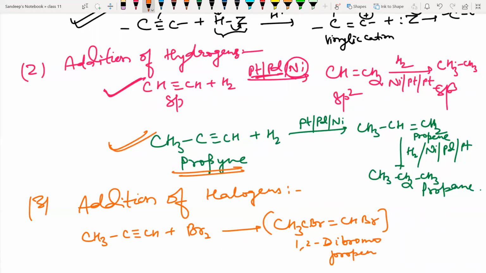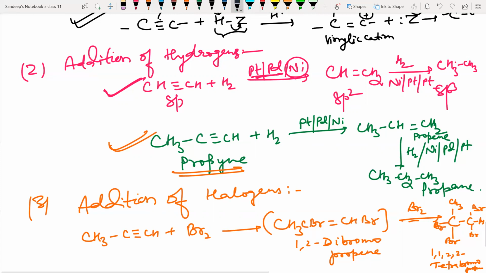Now this can further react with Br2 to form 1,1,2,2-tetrabromopropane.